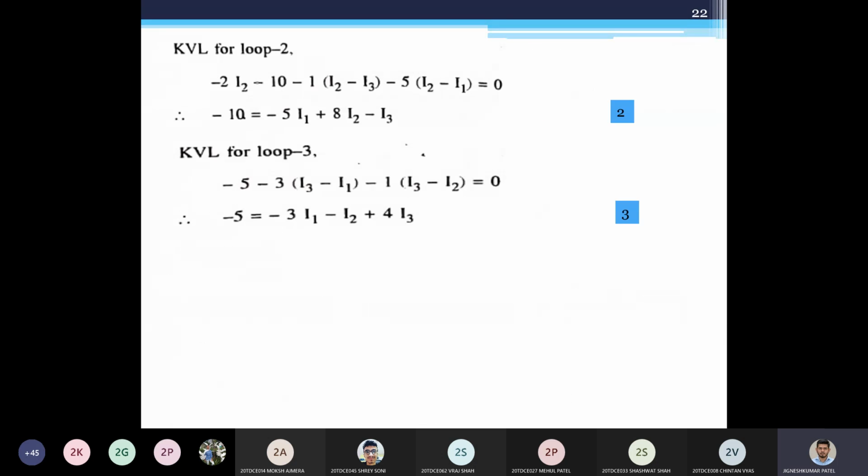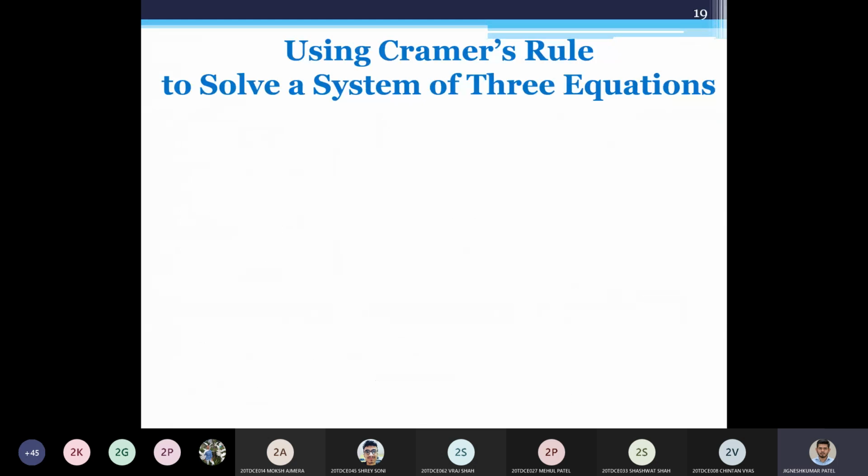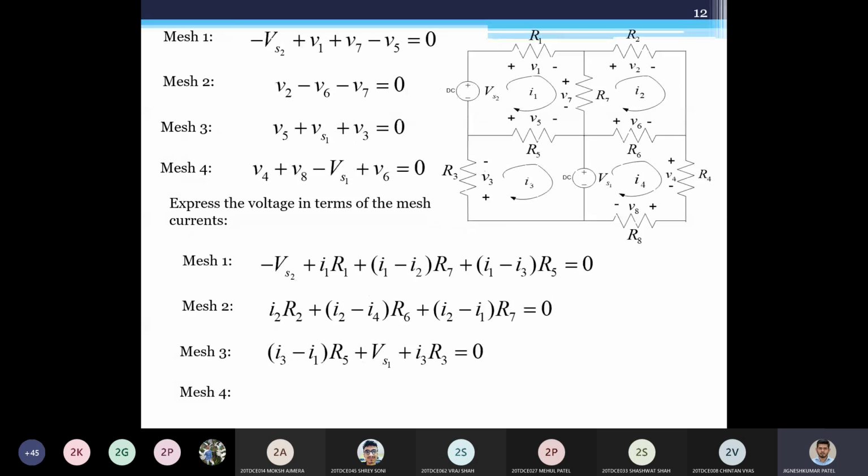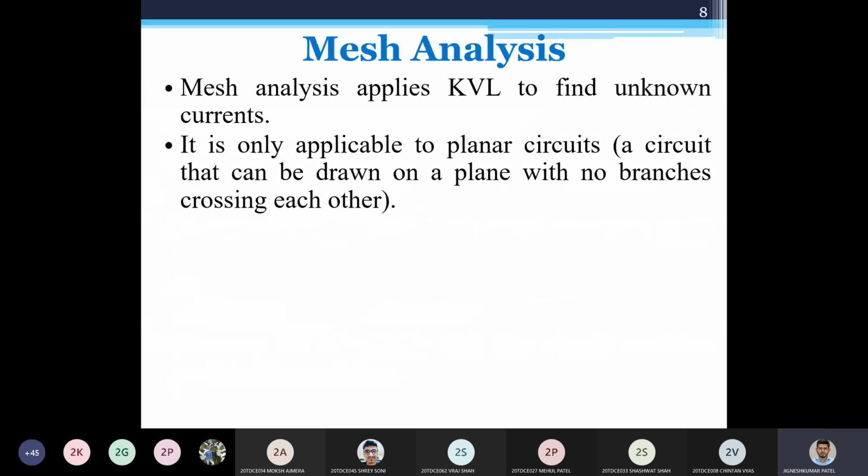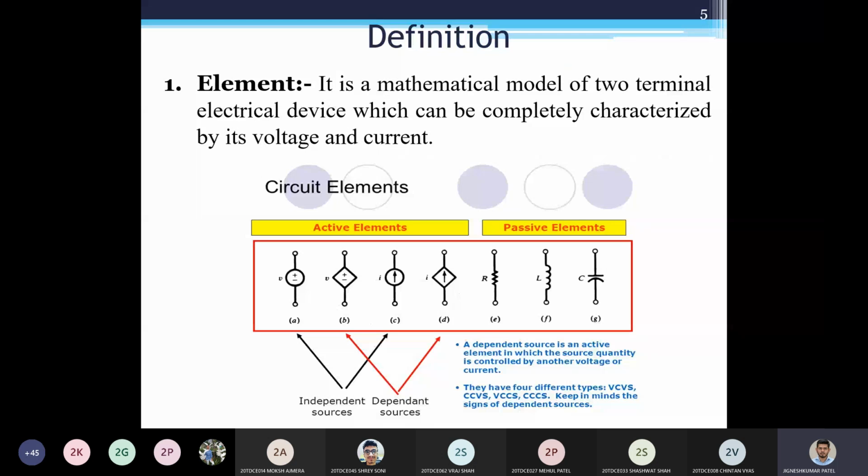Now we'll start with mesh analysis. But before going into mesh analysis, you must know the basic terms used to define different elements and different loops. First, there is an element. What is an element? A voltage source or a current source or a passive element like a resistor, an inductor or a capacitor can be known as an element.